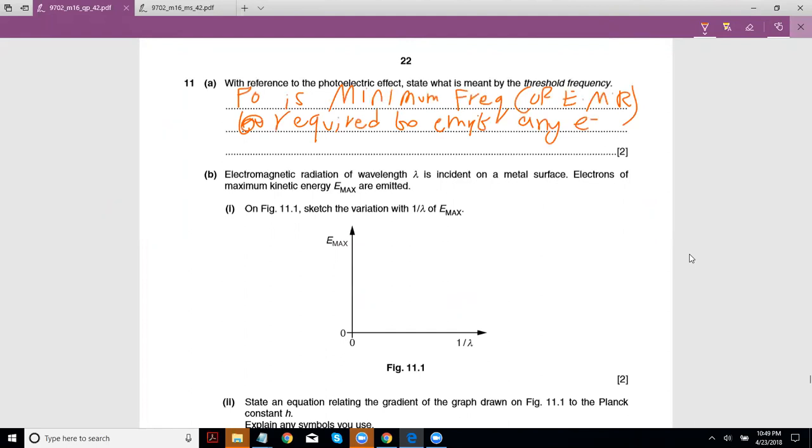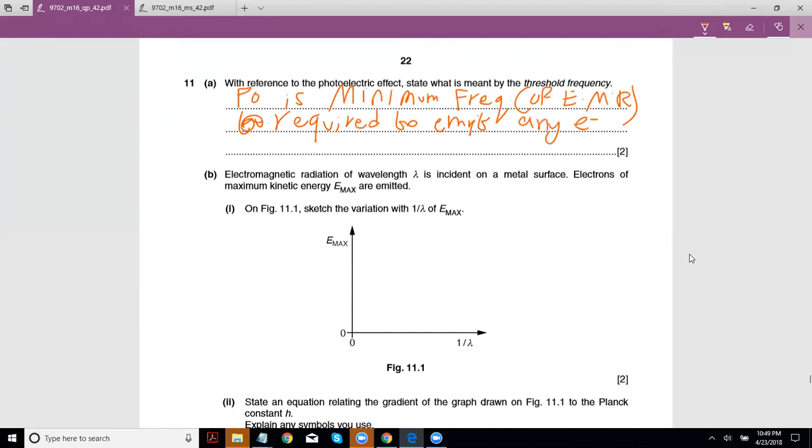Another way you can say this, to clarify one thing, is that at the threshold frequency the photoelectric effect does happen, but it only emits electrons from the surface of the metal. Because if you have more than that, then stuff like the work function comes into place.